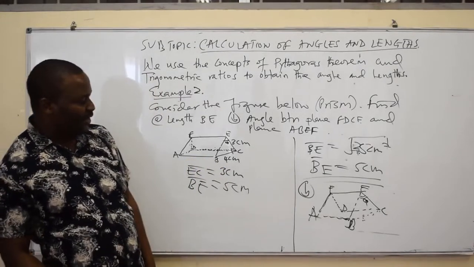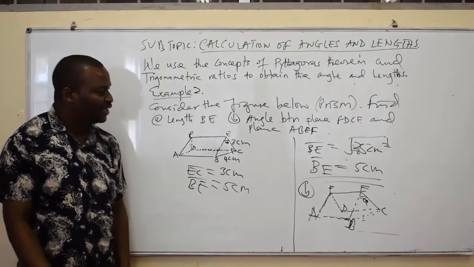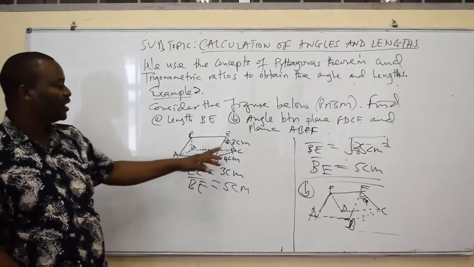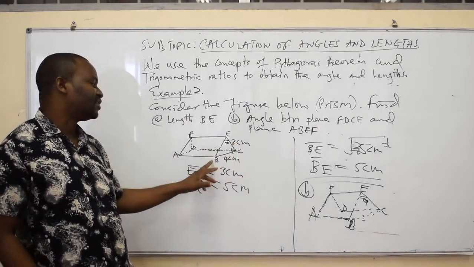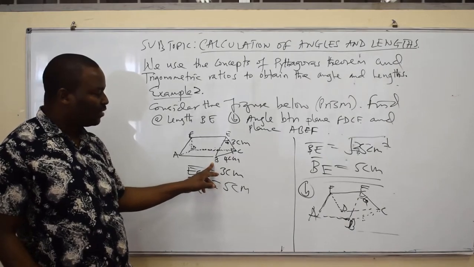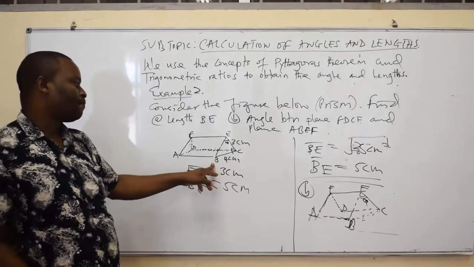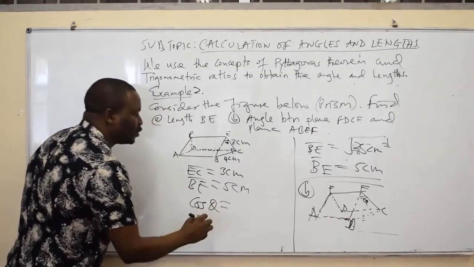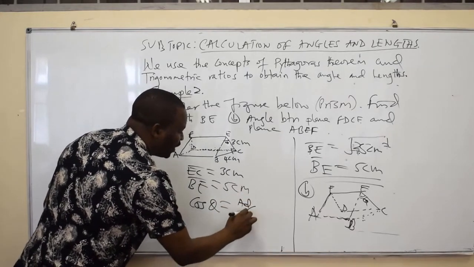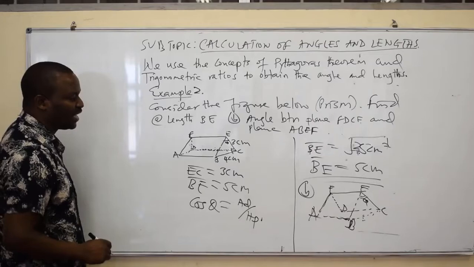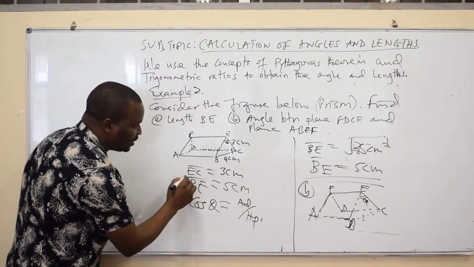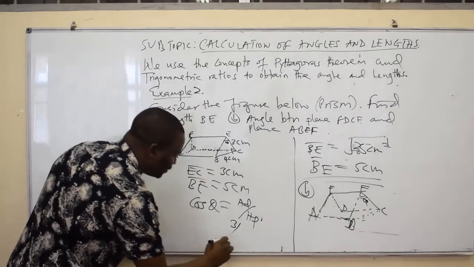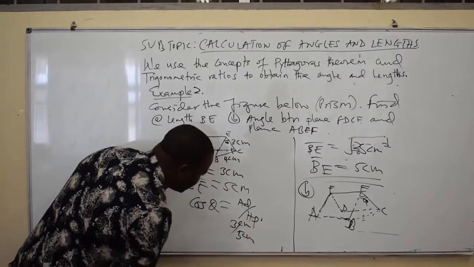Okay, now to get our angle BEC, which is made by the two planes, we are going to use this adjacent and this hypotenuse line. The trig ratio which will be used here is cosine. So we have cos theta equals adjacent over hypotenuse, whereby our adjacent is EC, which is 3, and our hypotenuse is EB, 5 centimeters.